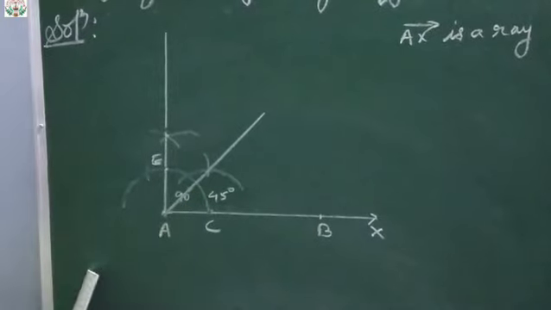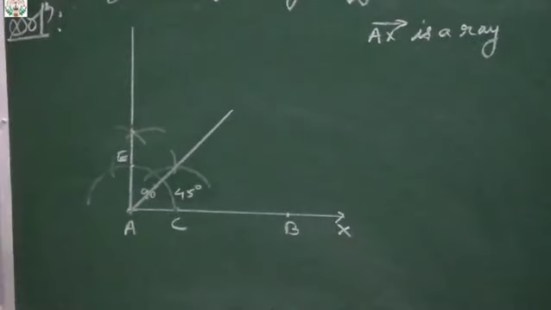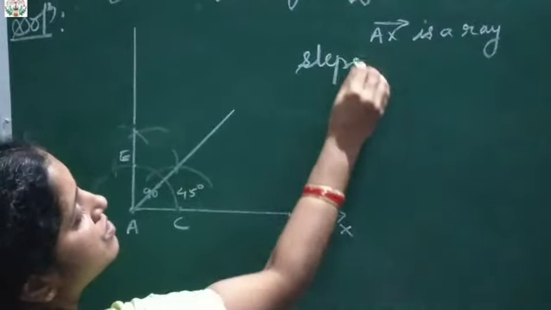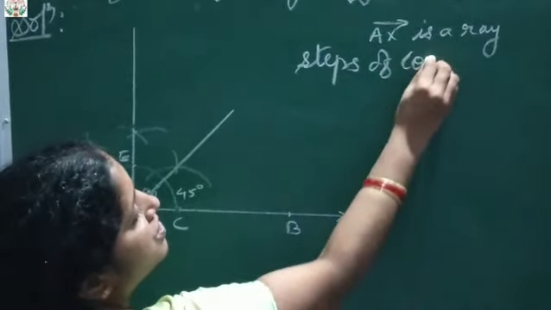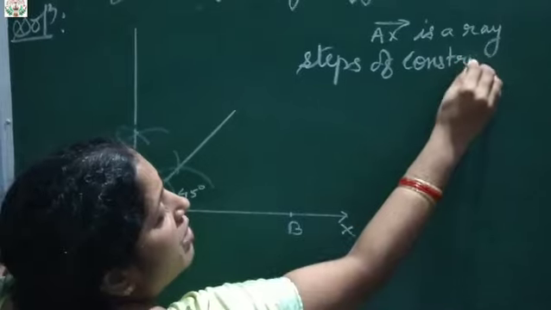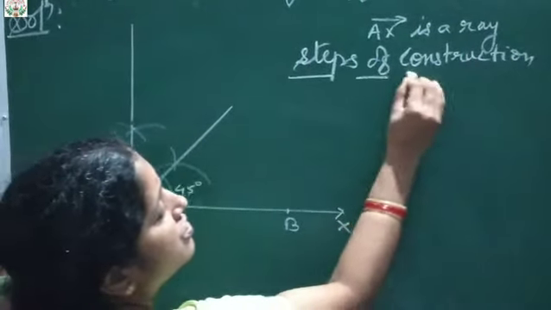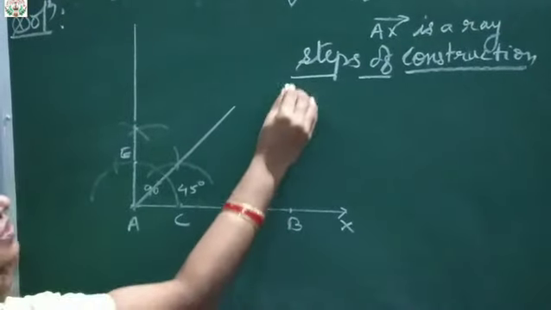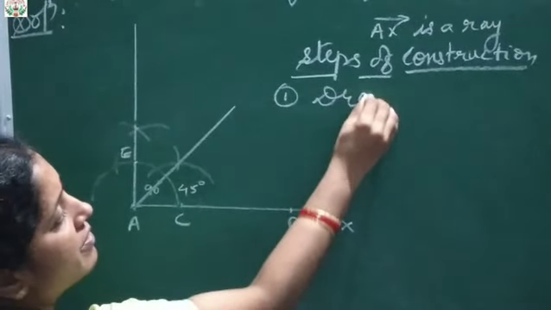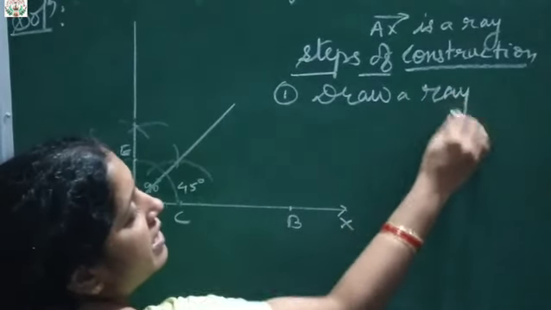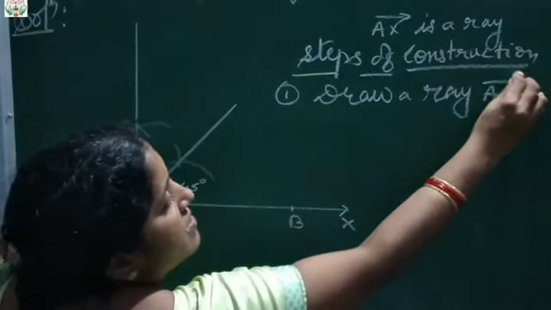Now you have to show first the steps of it, how you made. So what you will write? Steps of construction. So whatever you have done, same you are going to write for steps of construction. Okay. So first, draw a ray AX.